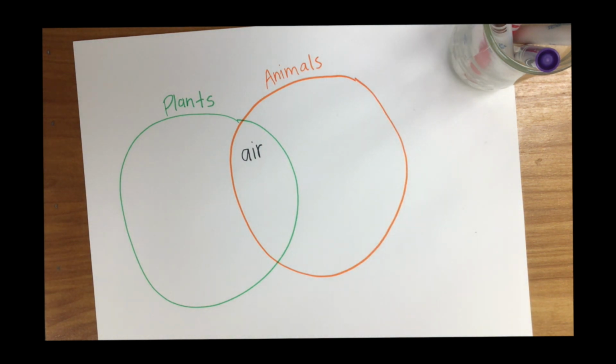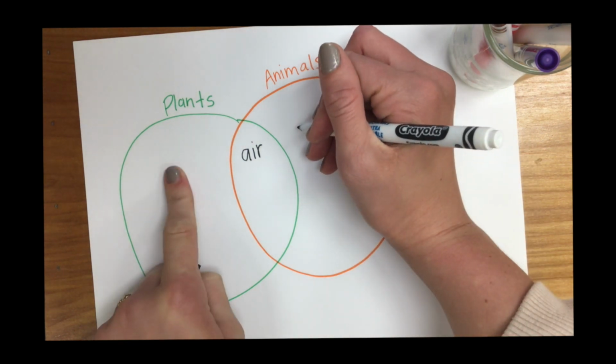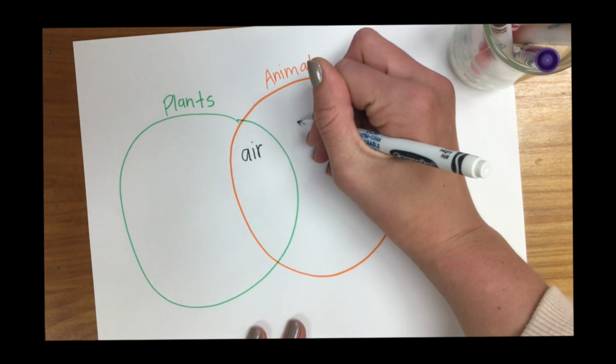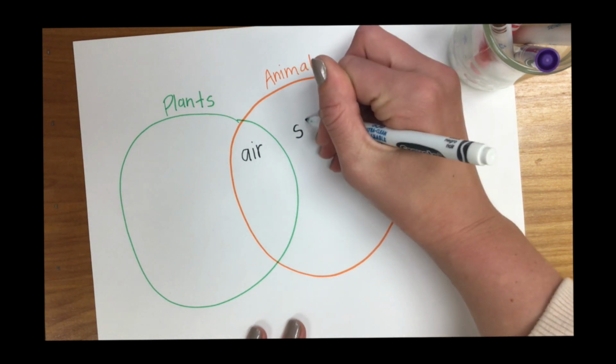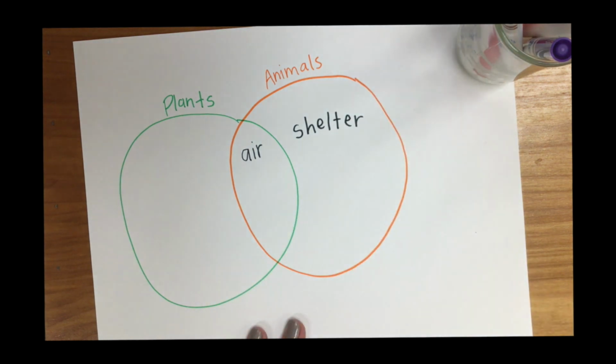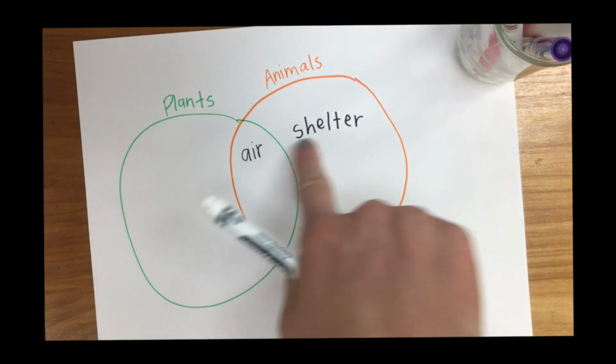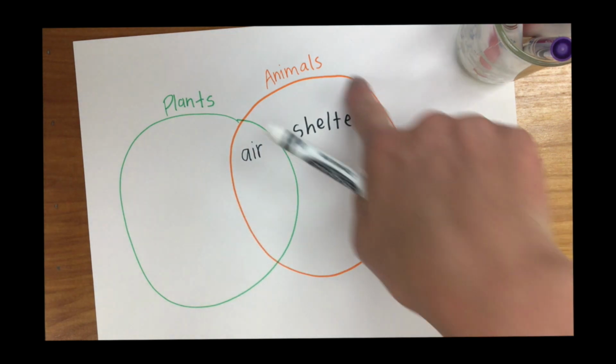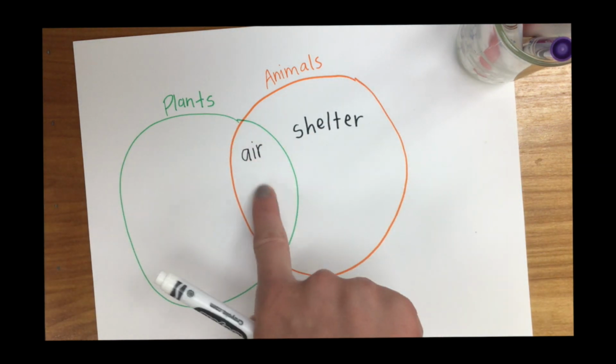We learned that animals need shelter. Plants do not necessarily need shelter, but animals need shelter to survive. So animals need air and shelter. Plants need air.